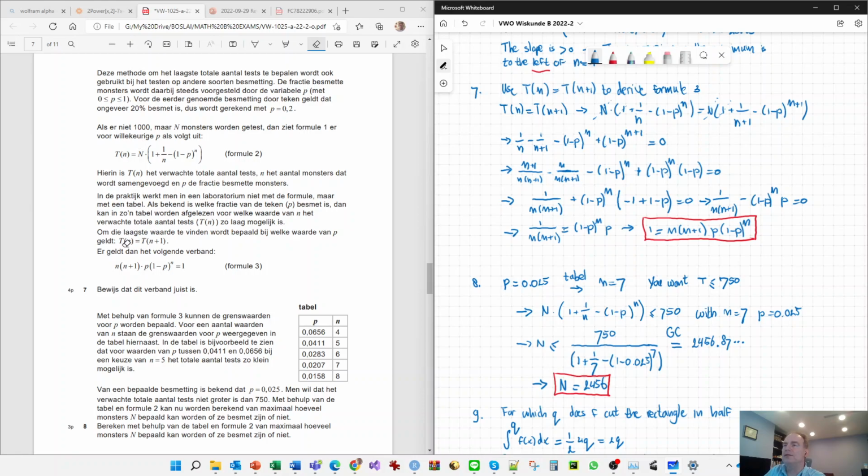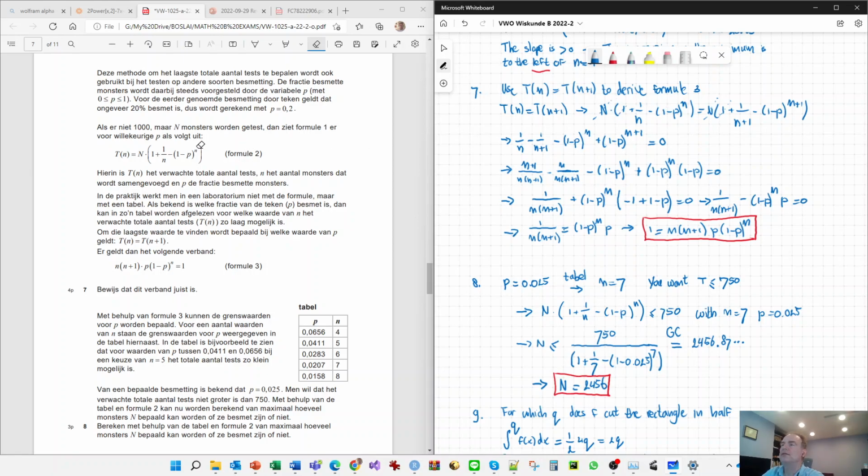And they say if T(n) equals T(n+1), then we also have the expression here. So just try, start with this and see if you can come out with this expression here. So substitute n and n plus 1 in T.